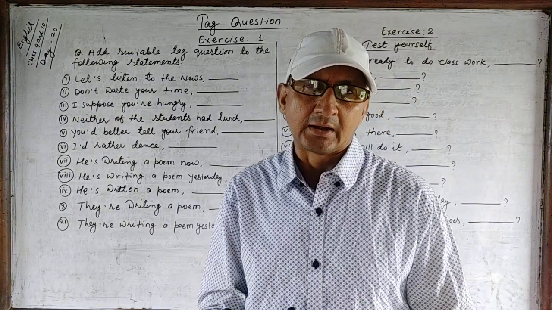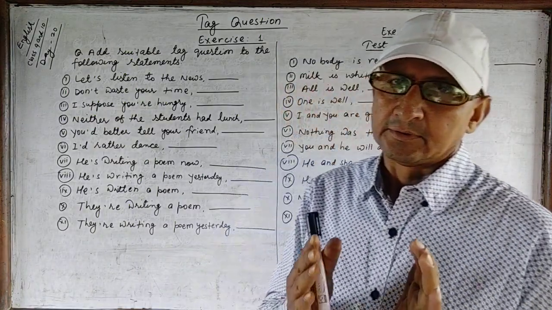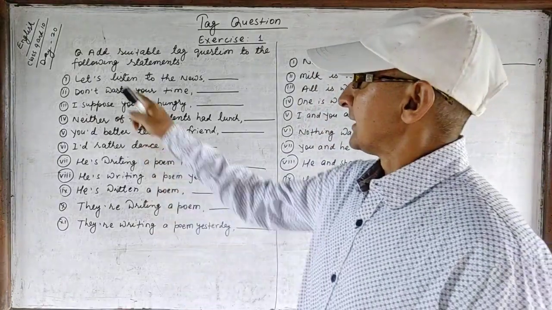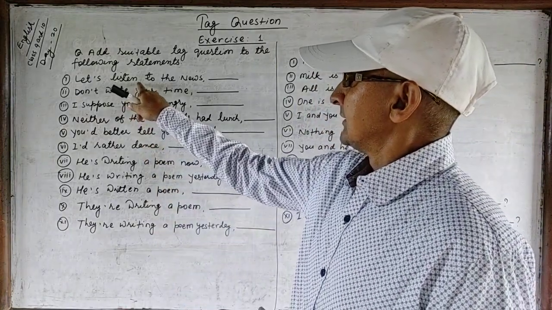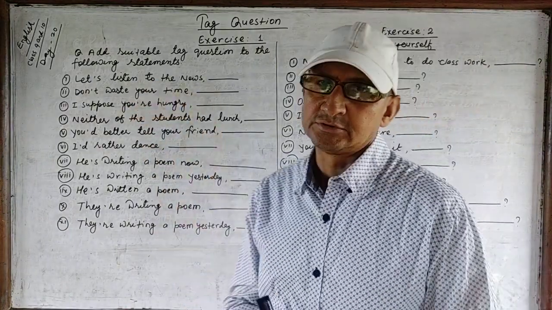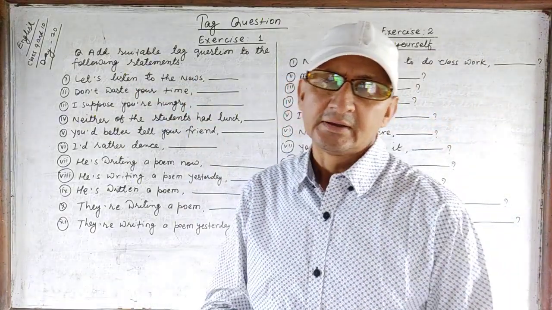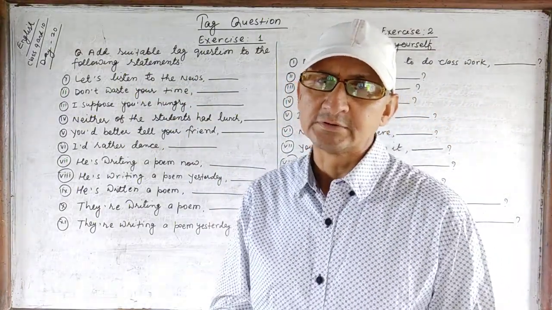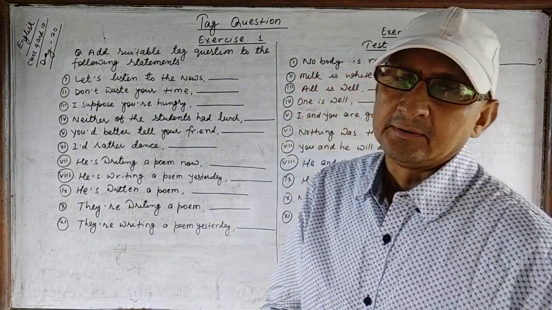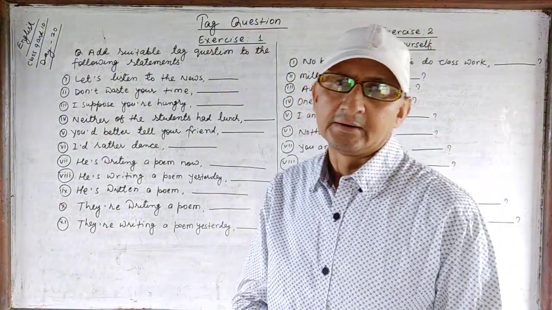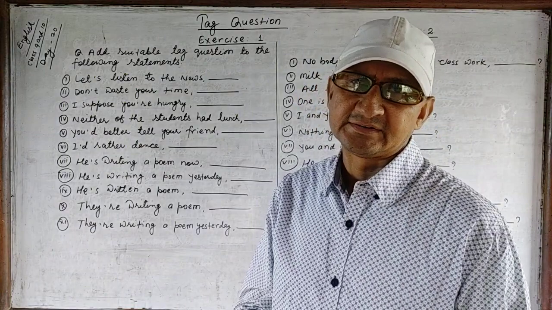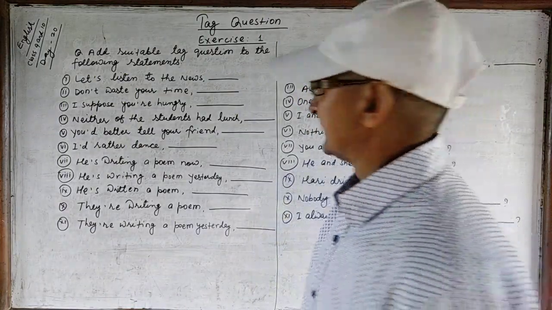Let's begin our class. The first question is, let's listen to the news. Can you tell me, student, what is the tag of this statement? Yes, you can easily write the tag of this statement. The tag is shall we.